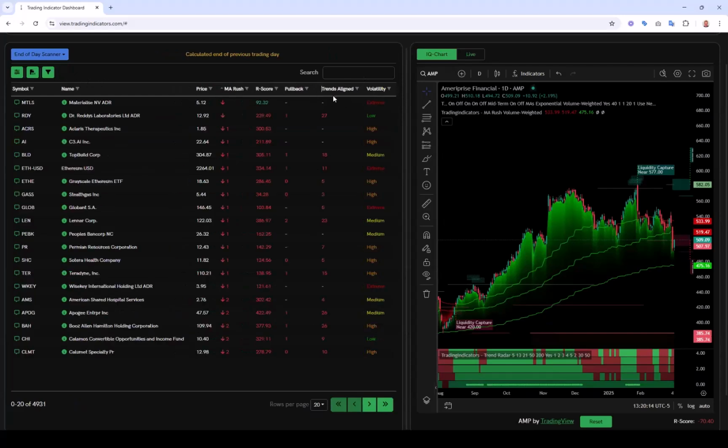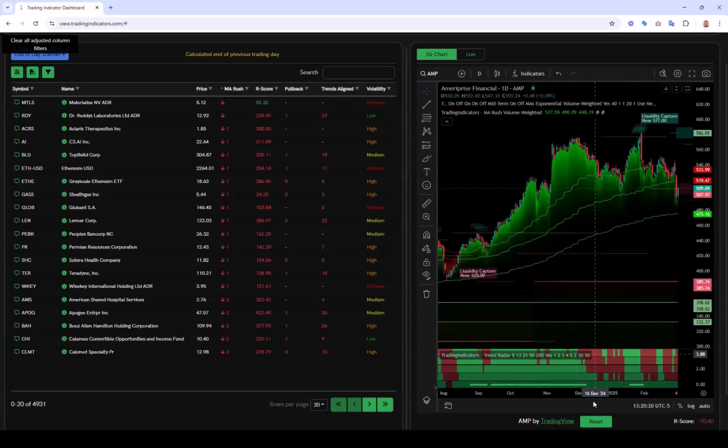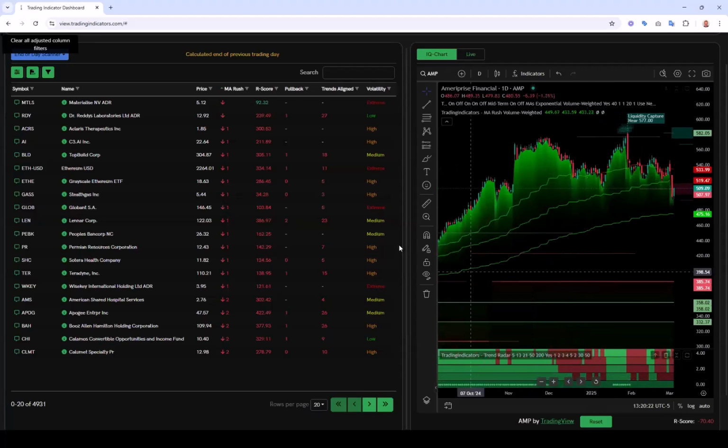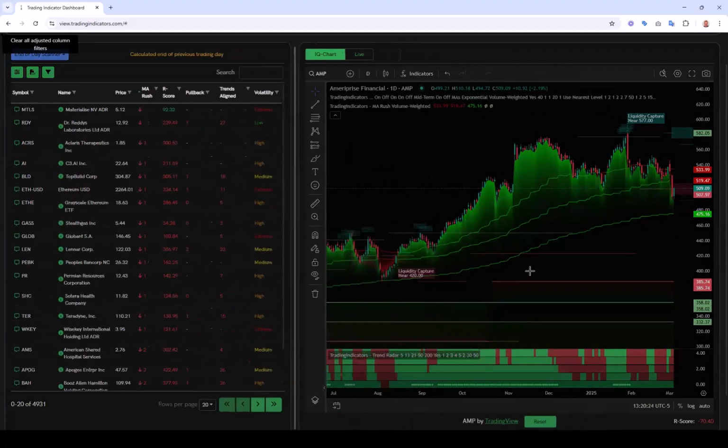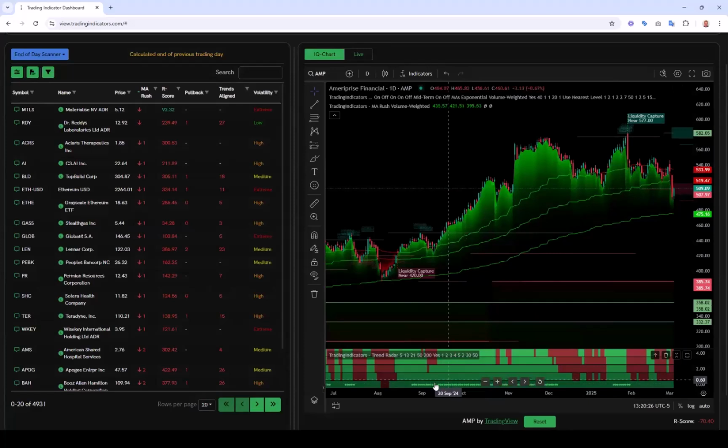What is this? Okay, trends aligned also relates to our trend radar indicator. Let me first explain this. Let me just make this a bit bigger. You see, every once in a while, you see these dots on the last row in trend radar. Right now, we don't have one at the last bar, but sometimes we have these dots.